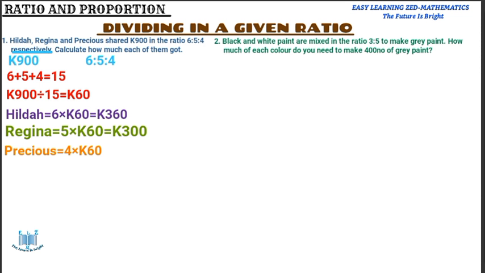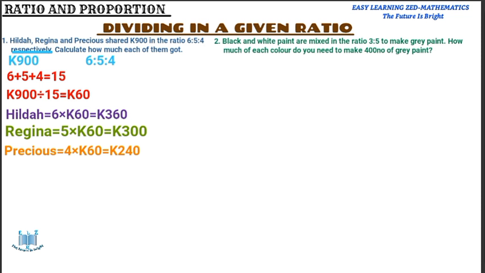When you multiply 4 by 60 kwacha, it gives you 240 kwacha. So 240 kwacha is the amount Precious got. As you can see, Hilda got 360 kwacha, Regina got 300 kwacha, and Precious got 240 kwacha.